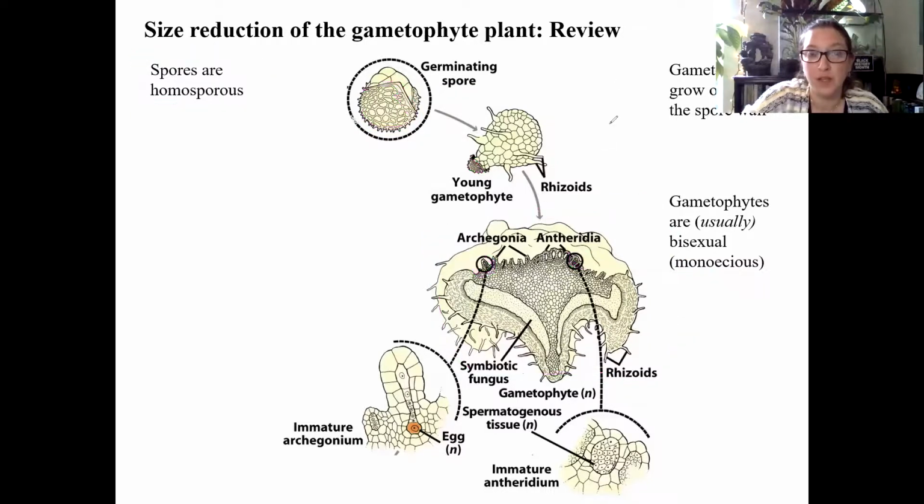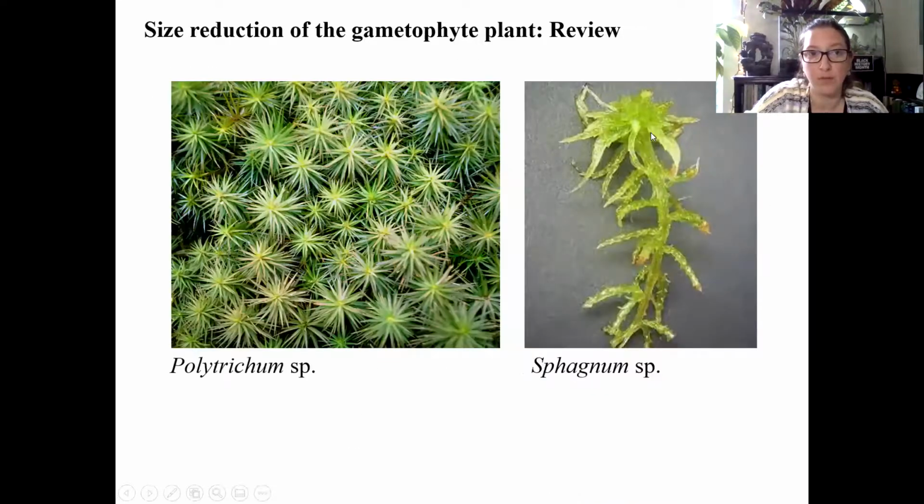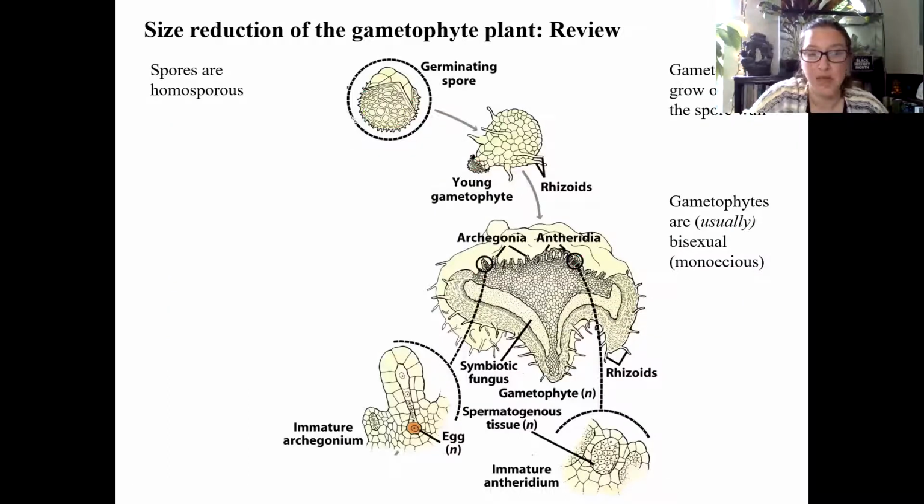Monoecious. So we know those things if the spores are homosporous. This is just to remind you when you're looking at these slides later: we're talking about size reduction of the gametophyte plant, and about species that have homosporous spores.